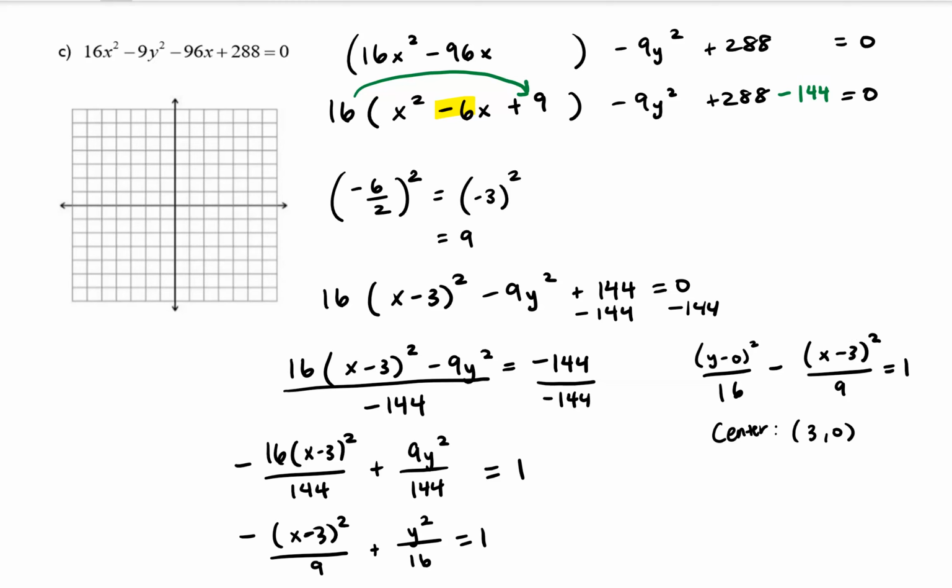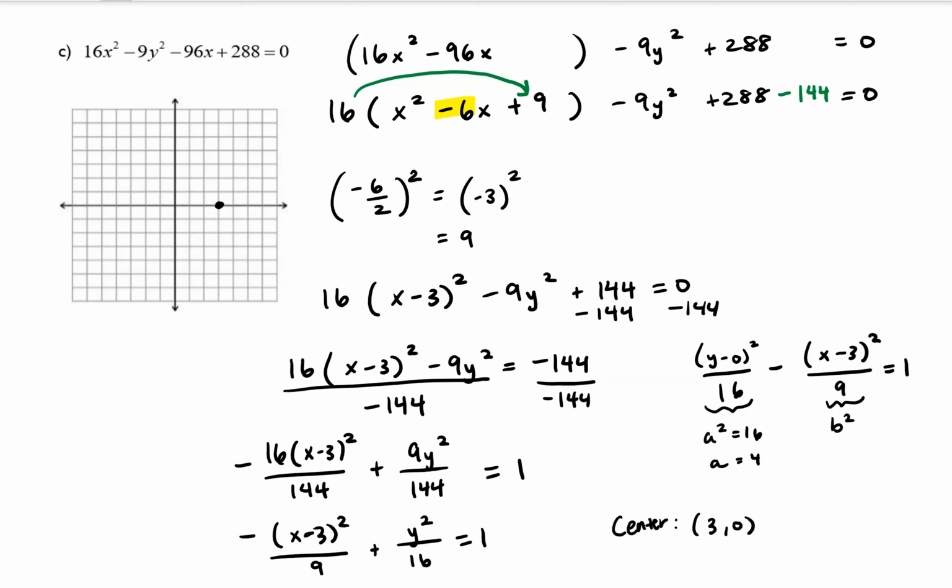Okay, so my center of the box would be right here, and then we need to figure out what the dimensions of the box are, like how much we're going up, down, left, and right. And that's going to be dictated by our A and B values. So we know that A squared is 16, which implies that A is equal to 4.